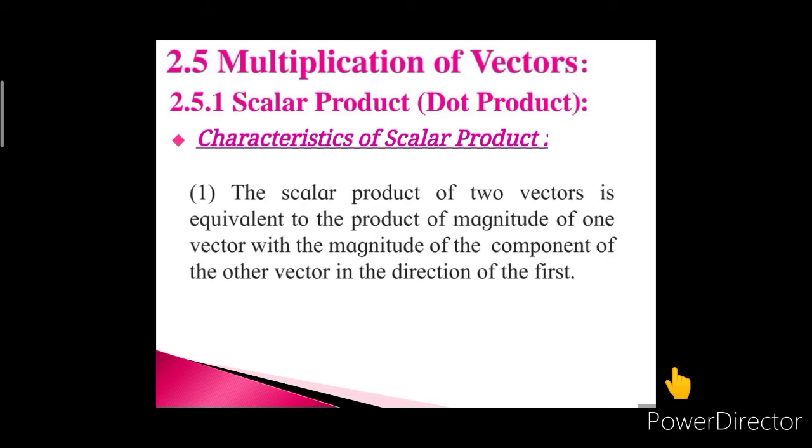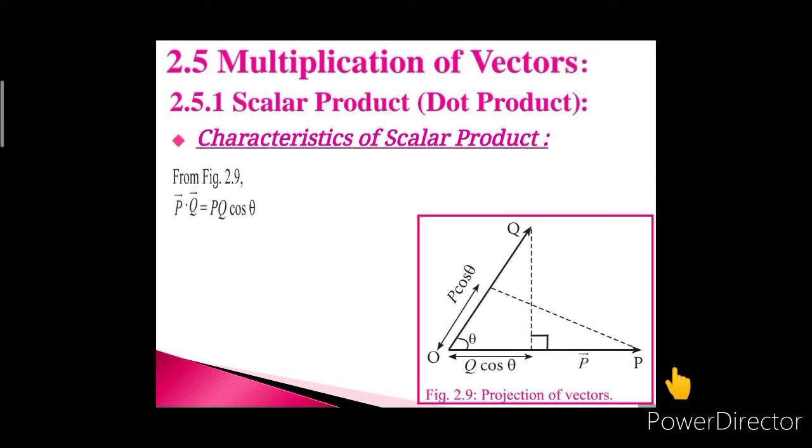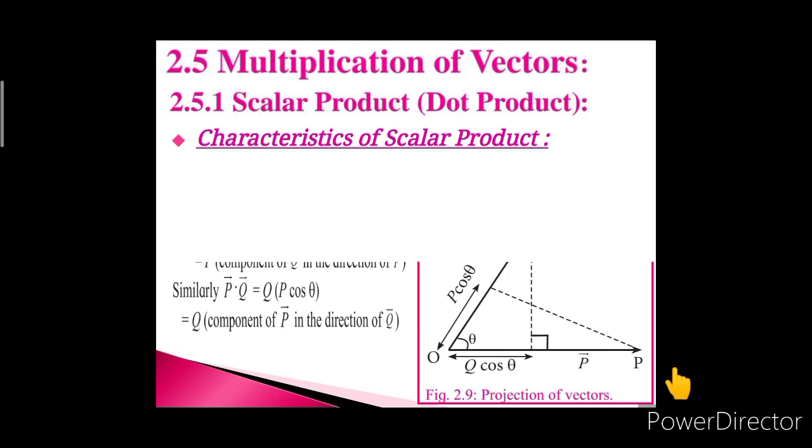First, the scalar product of two vectors is equivalent to the product of the magnitude of one vector with the magnitude of the component of the other vector in the direction of the first. Hence, vector P dot vector Q is written as P into Q cos theta, where Q cos theta is the component of Q in the direction of P, and also vector P dot vector Q is written as Q into P cos theta, where P cos theta is the component of vector P in the direction of vector Q.